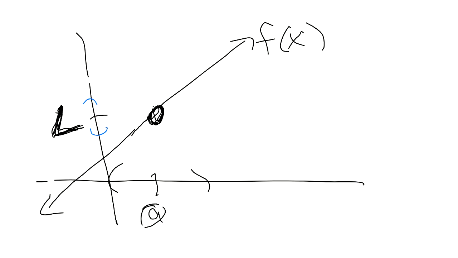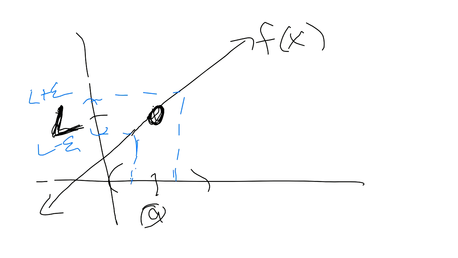It gives you a vertical window around L: this is L plus epsilon, and this is L minus epsilon, where epsilon is any tiny number. Anybody could choose it, and for whatever epsilon is given, that creates a corridor or reverse mapping window that I need to make sure I stay inside of.